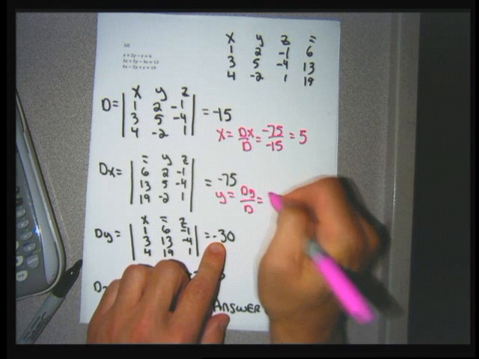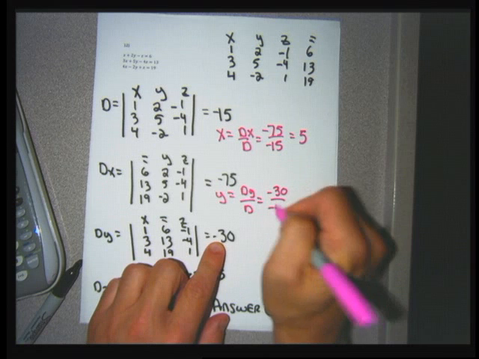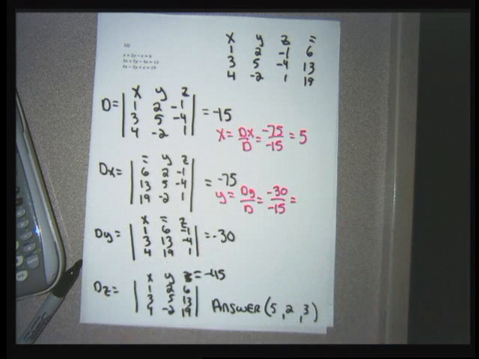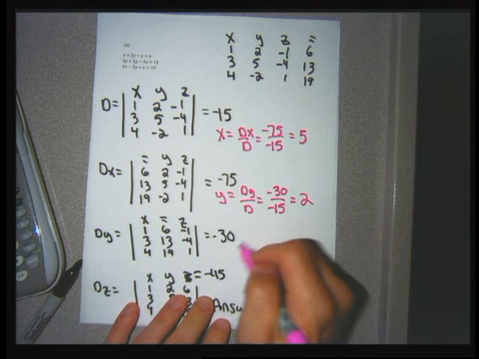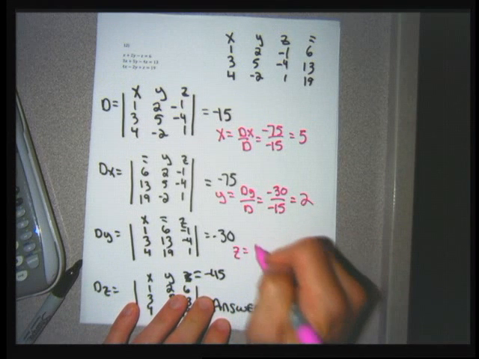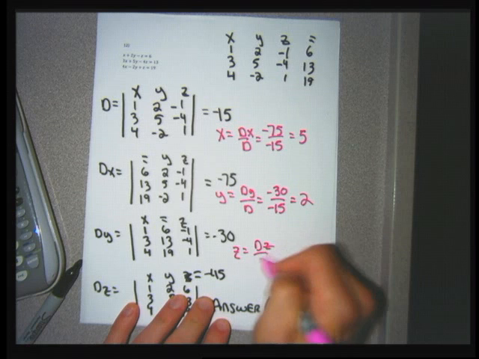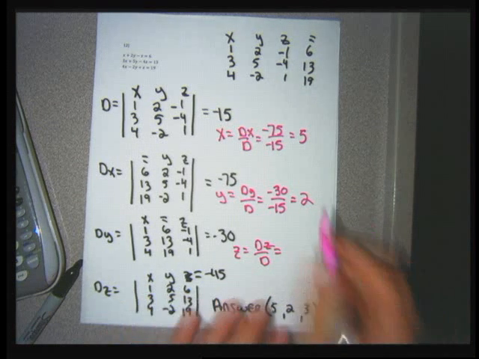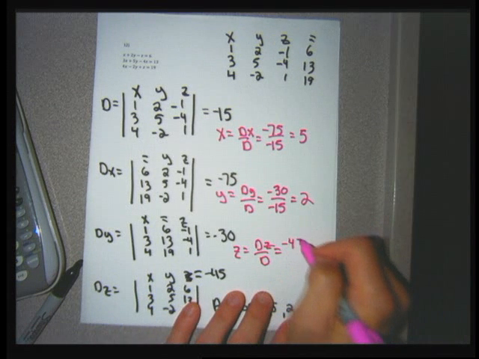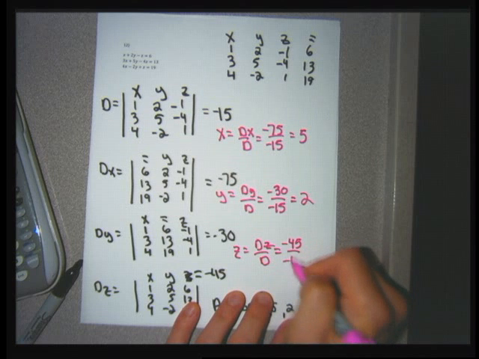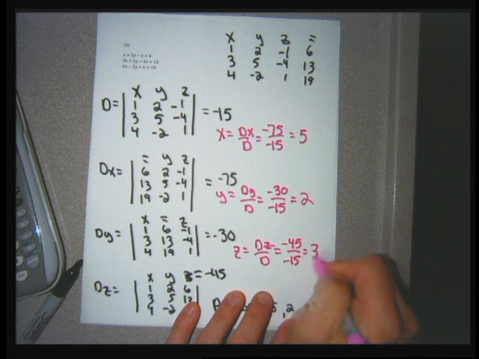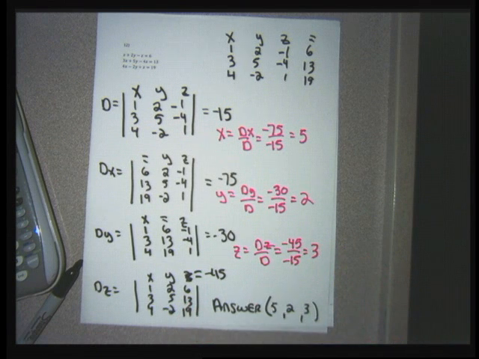The D sub y number is negative 30. The D number is negative 15. The two negatives cancel to be a positive, and those numbers divide to be 2. And lastly, the z is going to be the D sub z number over the D, and the D sub z number is negative 45. The D number is negative 15, and when I divide those, I get the 3 that I'm hoping to get.